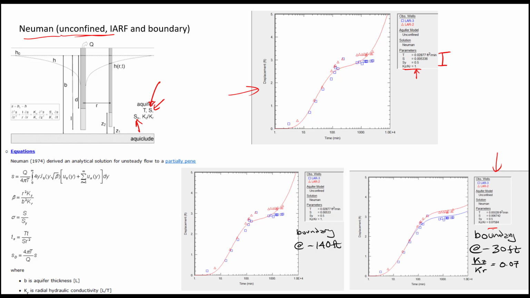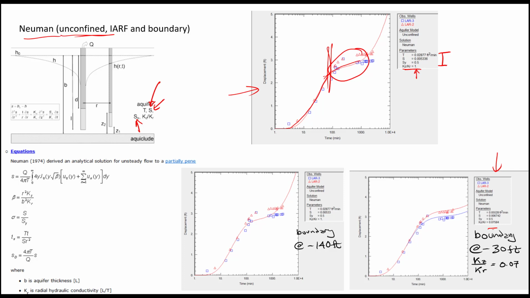And so what we see is that up through this part, the solution looks pretty similar to the previous solution for the Theis case, for just a confined case. But then we have it flattening out like this, and this is where it starts, and this flattening of the slope is the release of water from the unconfined aquifer.